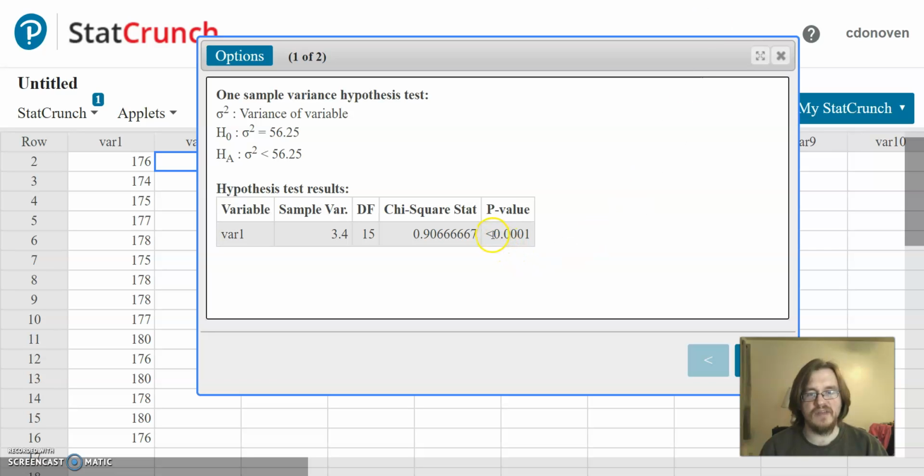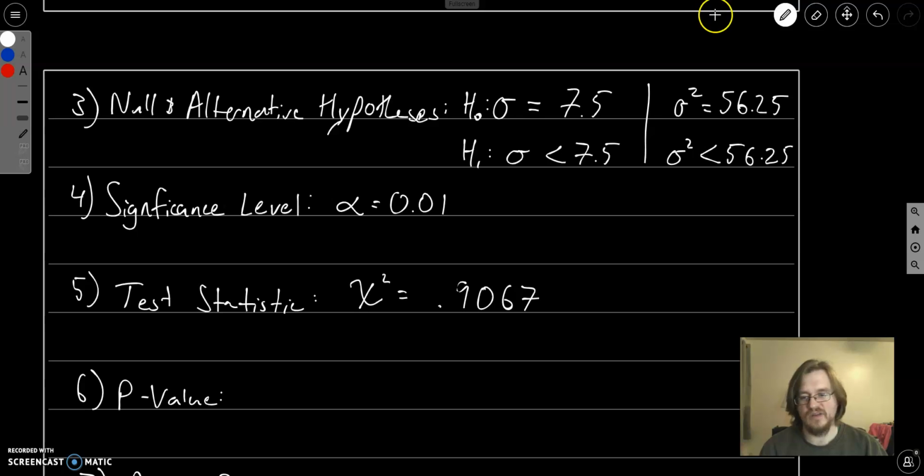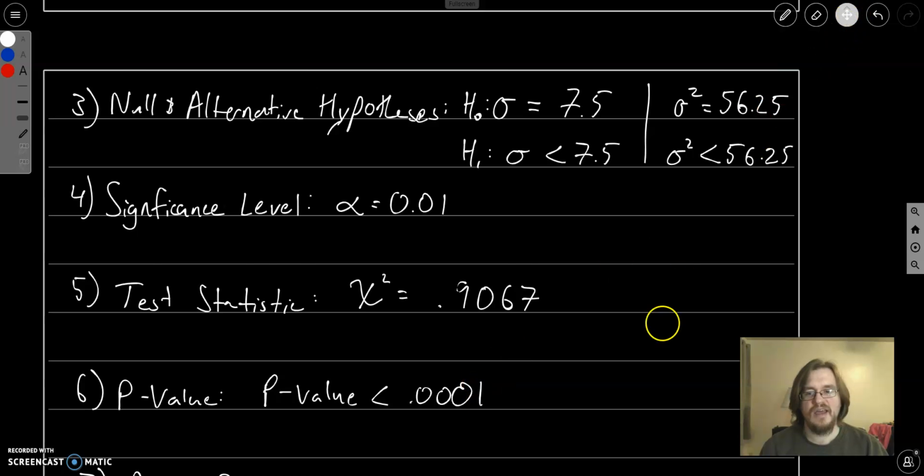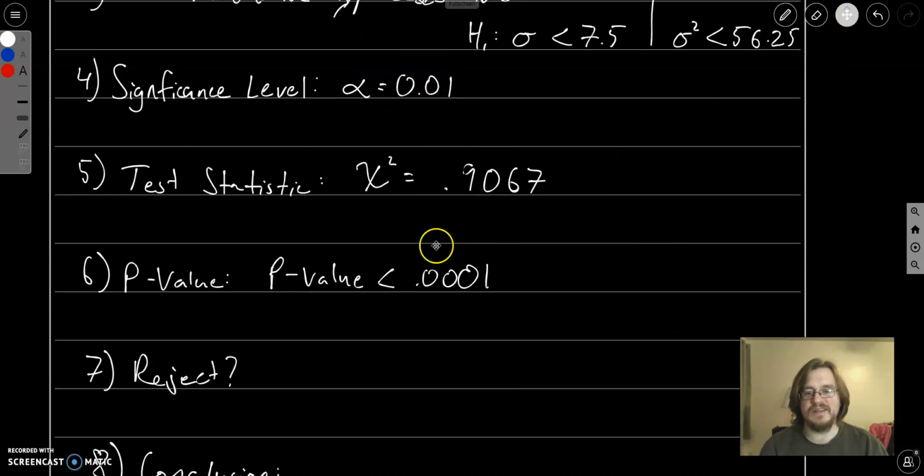Our p-value, they also list right here, and it's a number that's so small, it's less than 0.0001. They don't give the exact value there, but our p-value is less than 0.0001. So when we compare the significance level to our p-value, this is much, much less than alpha, our significance level.